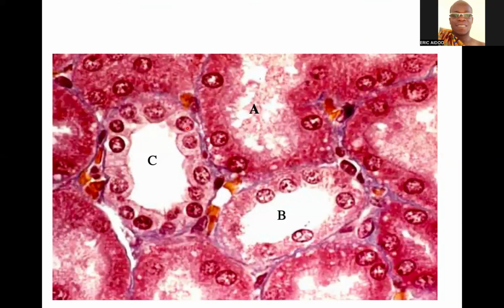So you can see that these are very clear cuboidal and then wider lumen compared to this. And this is also more oval in shape or has a little collapsed lumen compared to the more or less circular nature of that of the collecting tubules and obviously proximal tubule.